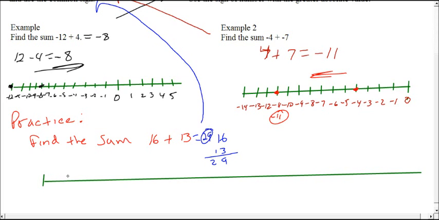That's 0, 1, 2, 3, 4, 5, 6, 7, 8, 9, 10, 11, 12, 13, 14, 15, 16, 17, 18, 19, 20, 21, 22, 23, 24, 25, 26, 27, 28, 29, and 30. So that ought to do it for us.